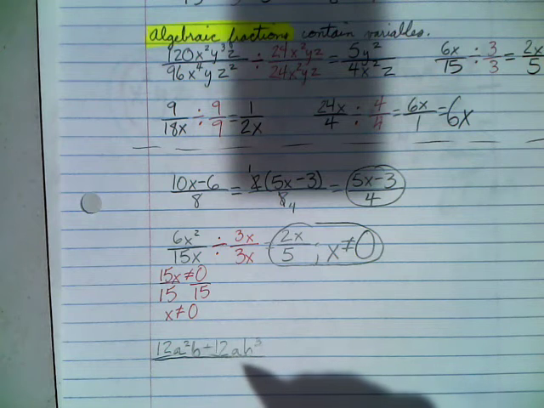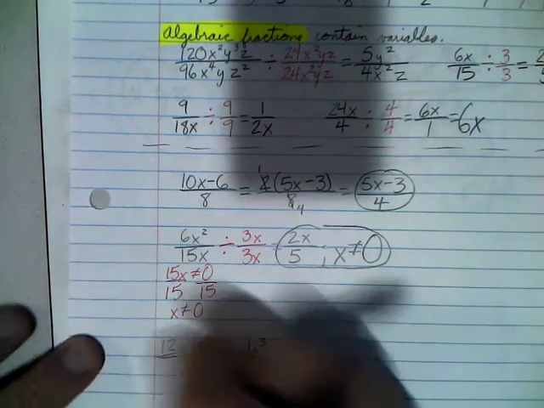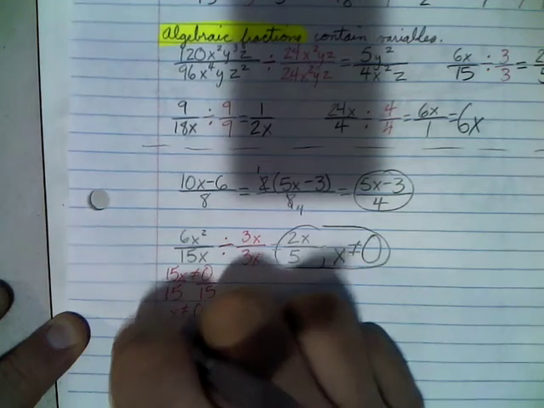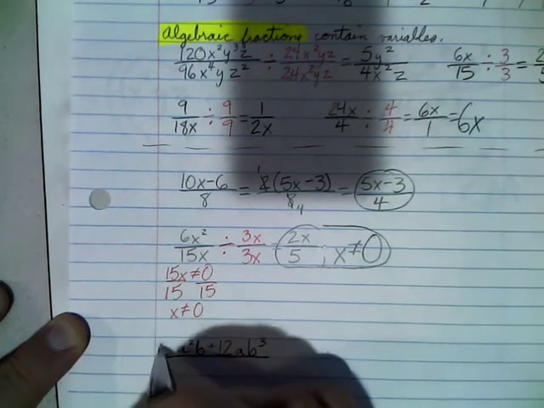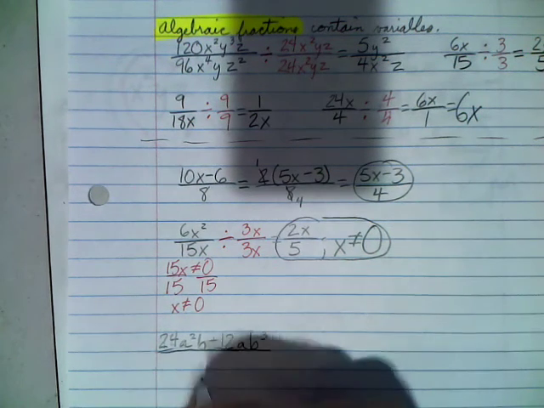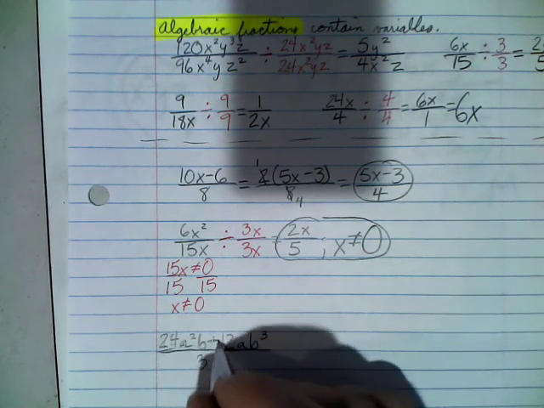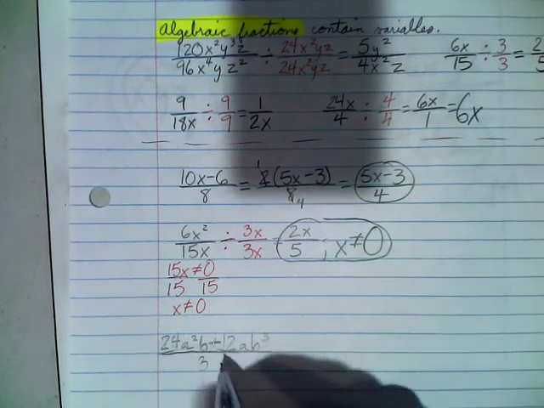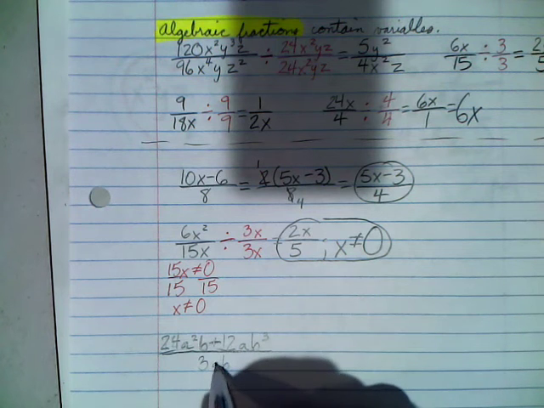All right. Oh, sorry, make that first 12 a 24. And we're going to divide this polynomial by 3ab.